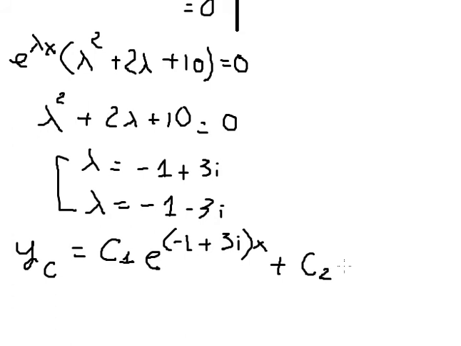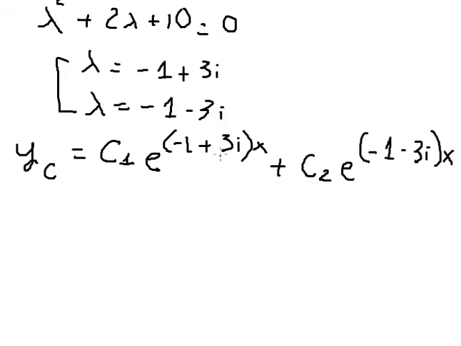C number 2, e to the power of negative number 1 minus 3i s. For this one, with 3i s in here, we can put it like this.